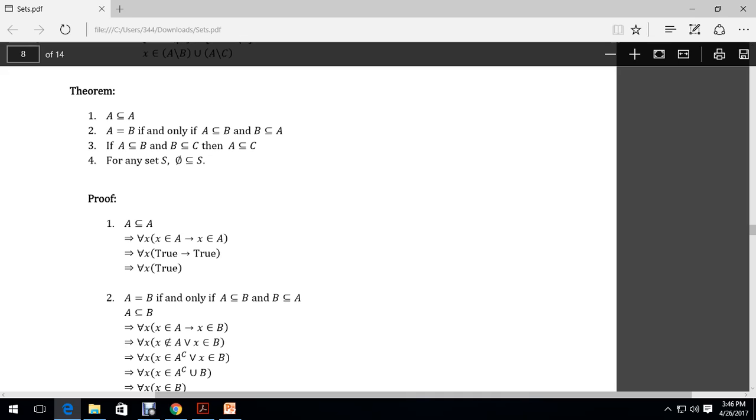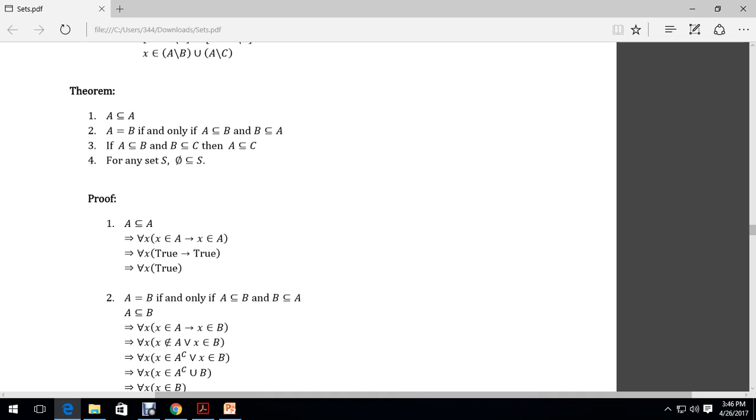Okay, for the next one, we have A, an improper subset of A. Number 2, A is equal to B if and only if A is a subset of B and B is a subset of A. Number 3, if A is a subset of B and B is a subset of C, then A is a subset of C. We call number 3 the transitive property.